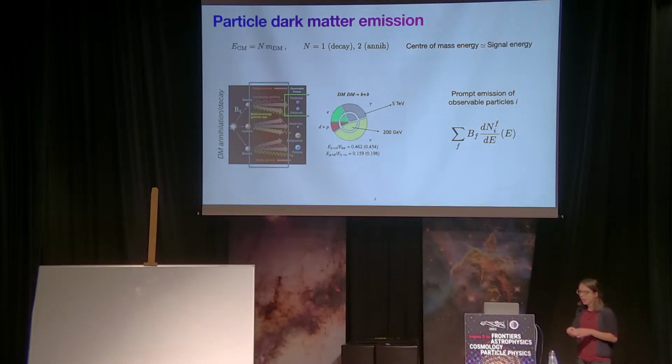If you have a full model for your particle dark matter candidate, what you predict, starting from your Lagrangian and the coupling with the standard model particles, are also those branching fractions. So you always know, more or less, given your model, what fraction of dark matter particles will go into b quarks, what fraction into leptons, and what fraction into bosons.